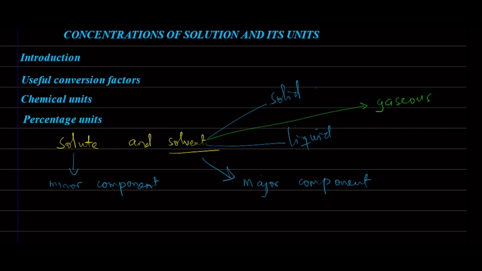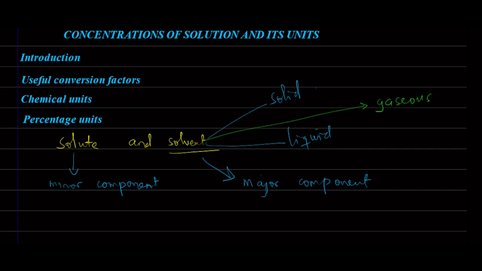Because we can have solute in liquid state, as in alcohol, then the solvent, which is the major component, is water. When we mix both of them together, they become a solution. In that case, the solute is in liquid state, the solvent is also in liquid state. They will form a solution like beer. Another example is gas. The solute can be in gaseous state, while the solvent is in liquid state.